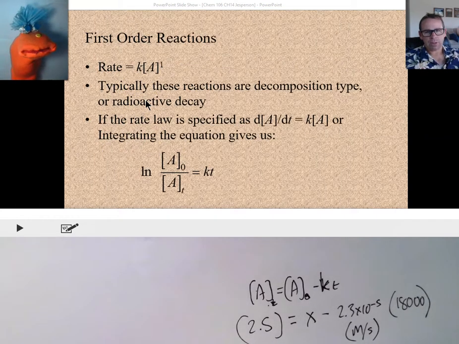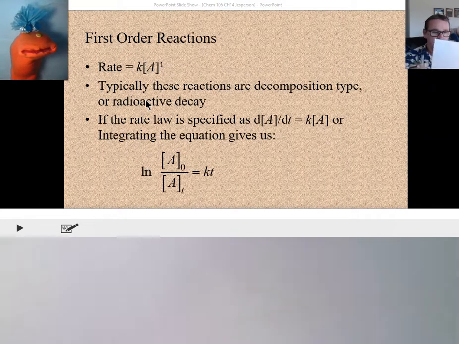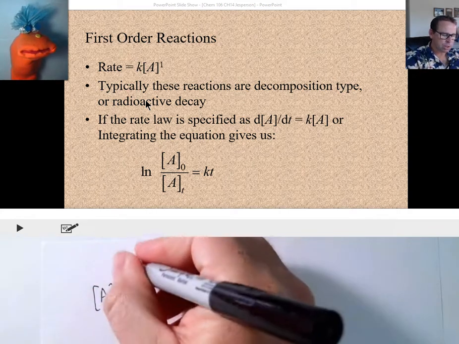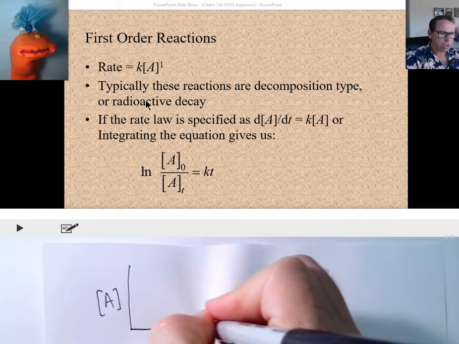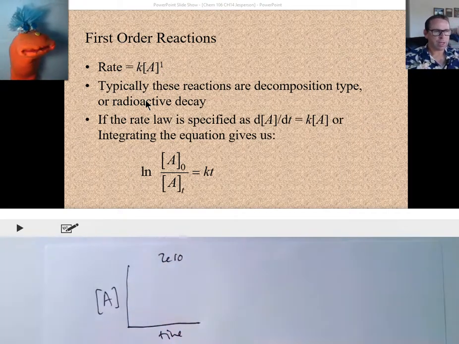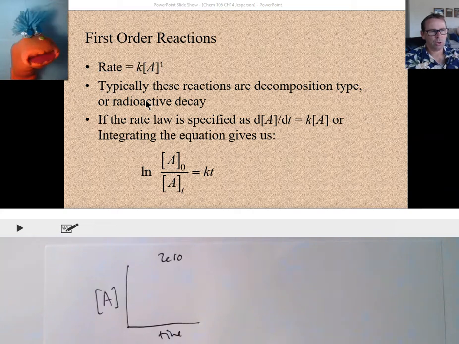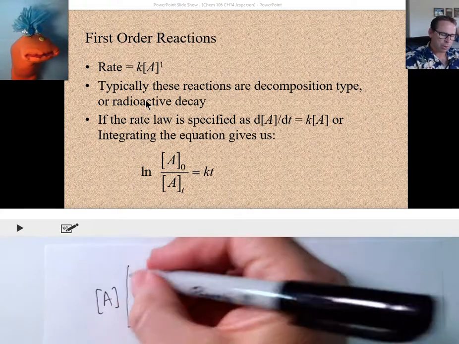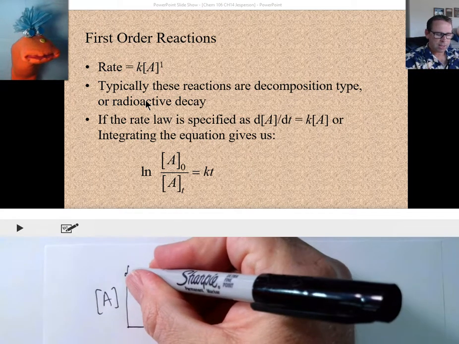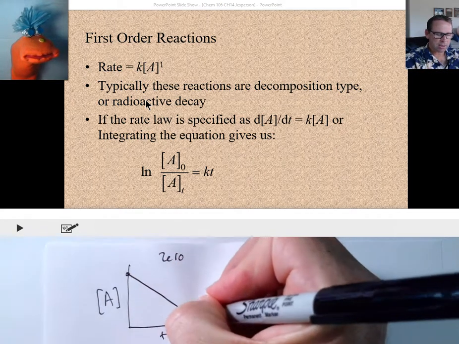So, first order reactions. First order reactions are different than zero order reactions. Let's do a review really quickly of what a zero order reaction looks like in terms of concentration of A versus time. What did we say a zero order reaction looks like? Well, you start with some A, but then over time that A decreases, and the decrease is linear.